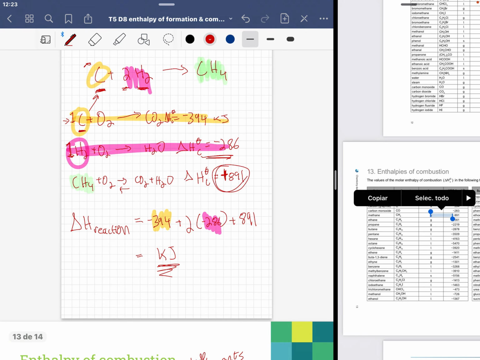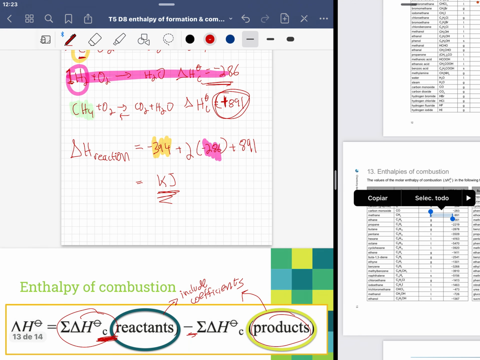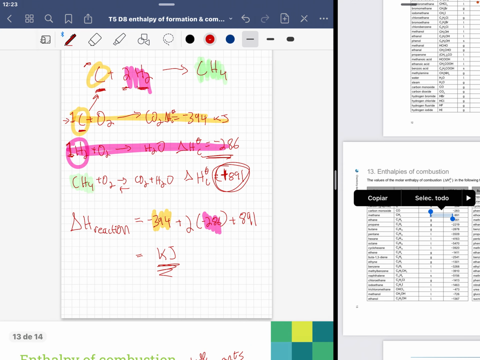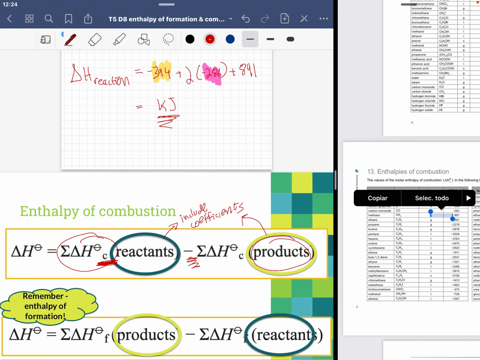The product, I had to flip that sign, which I'm showing here, because of how we write out the standard enthalpy of combustion. And then same thing down here with formation, except we saw based on the definition of standard enthalpy of formation, the ones that need to flip are reactants.